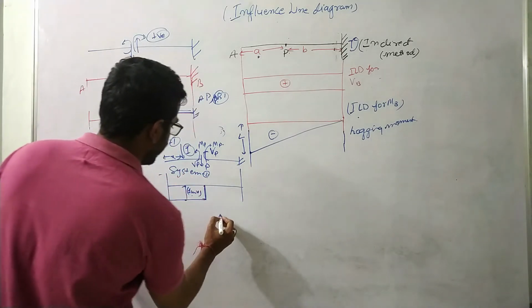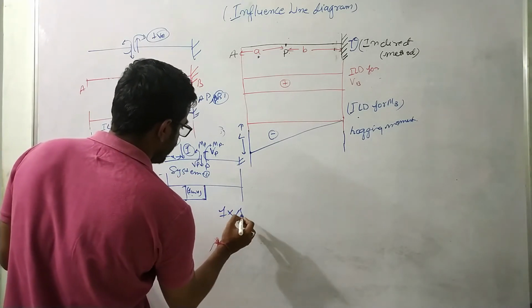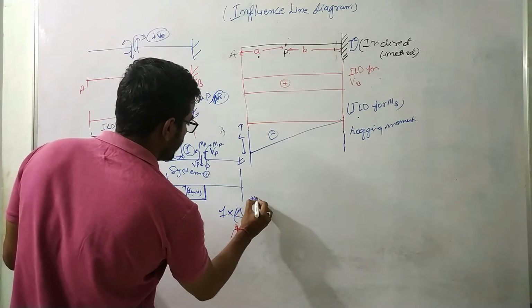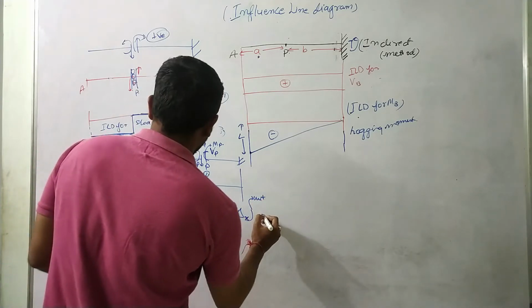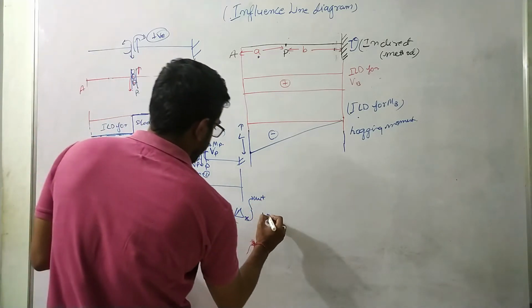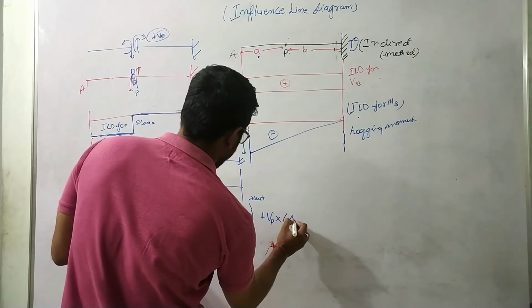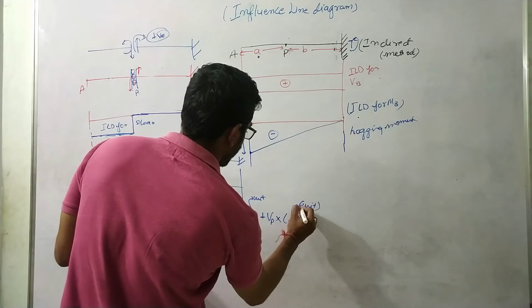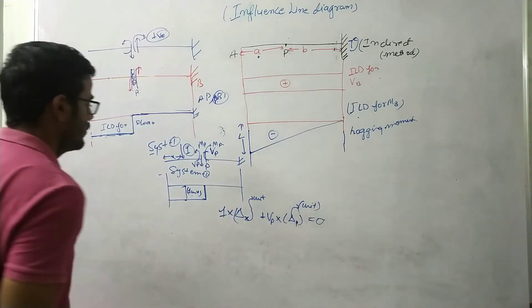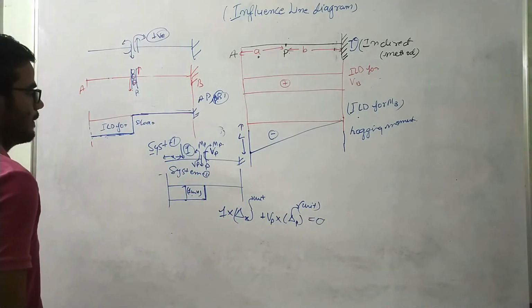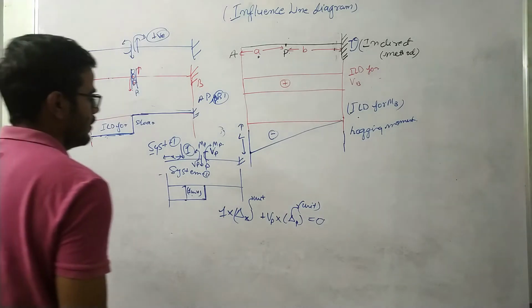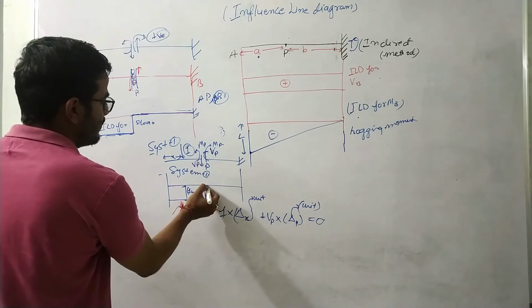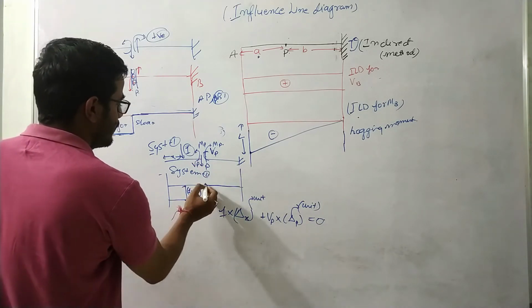So I can write over here 1 into delta x, which is nothing but unity, plus VP into again delta P, which is again unity, this is unit deformation, equals to 0. For this force, the deformation is 0, delta P is 0, that's why I'm not writing it.